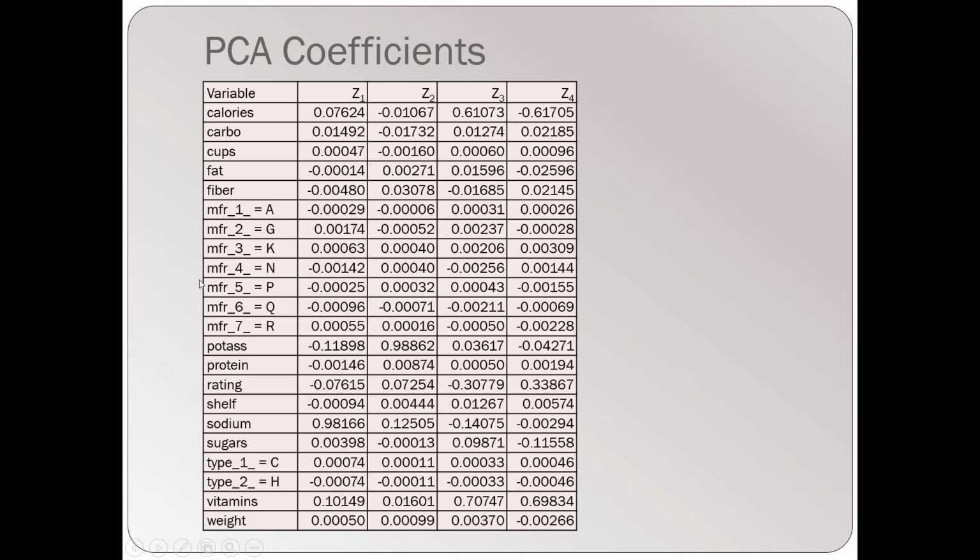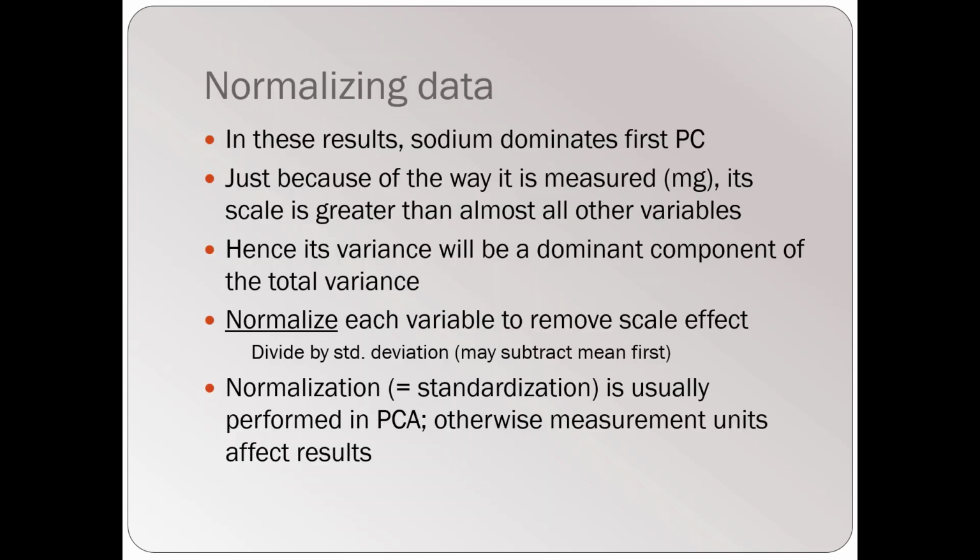That's because sodium in the original data set is measured in milligrams, whereas the rest of them were measured in smaller units, I think micrograms. So that's the reason why sodium is having too much of an influence, not because sodium somehow is a better variable, it's just because of the scale in which the values are recorded.